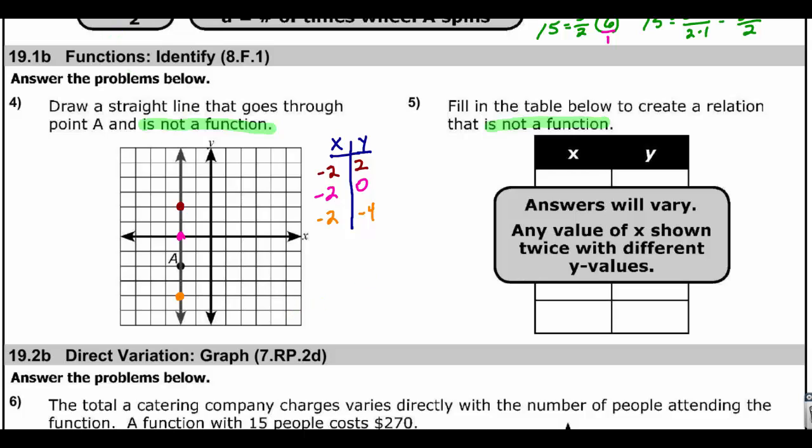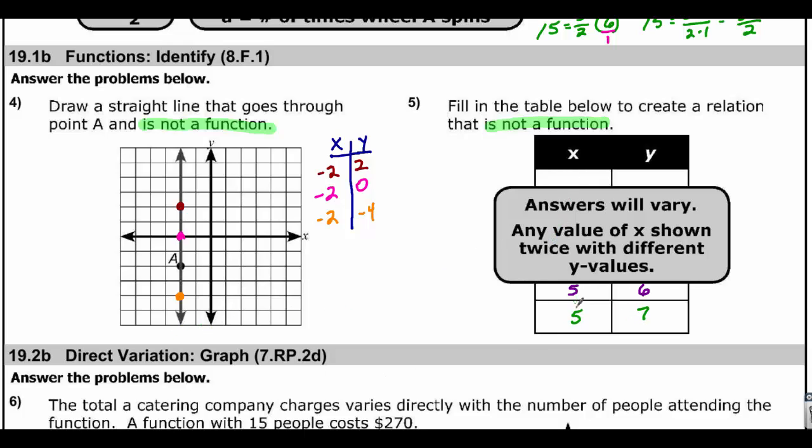The second one also asks for an is not a function, and they say answers will vary. Here's what you have for is not a function. Take any x value, 5, give it a y. Now take the very same x value, 5, give it a different y.